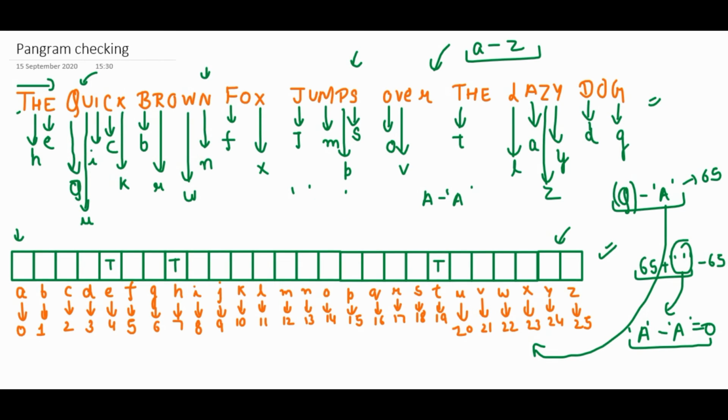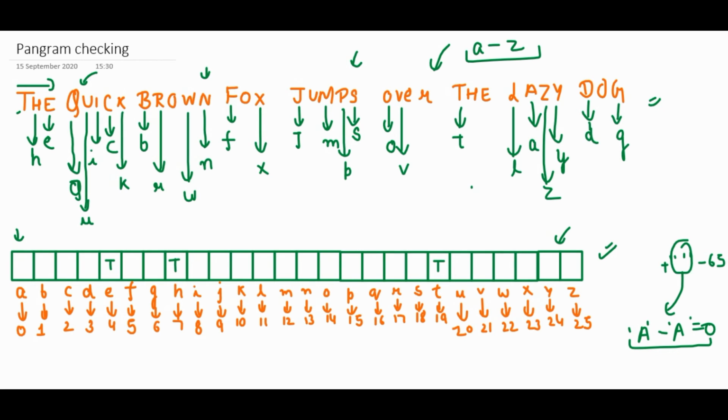First let's erase it, and now let's continue. Okay, so we found Q, we made it true. Now we are at U. So U is here, we will make it true. Then I is also true.